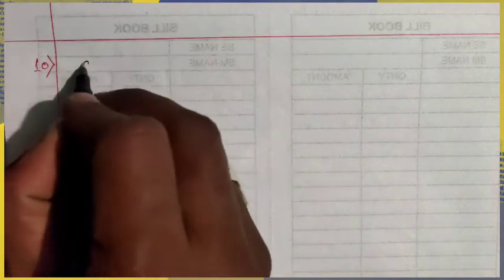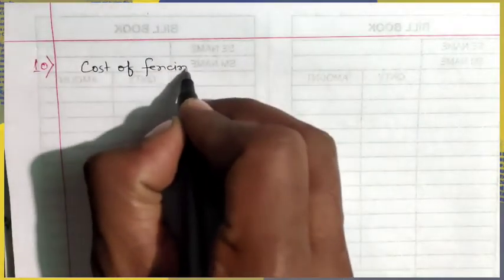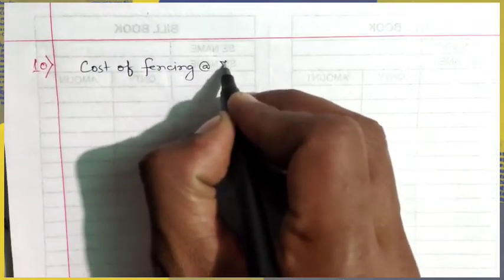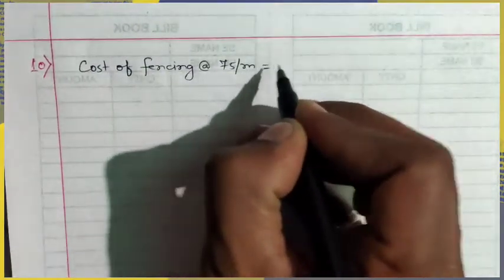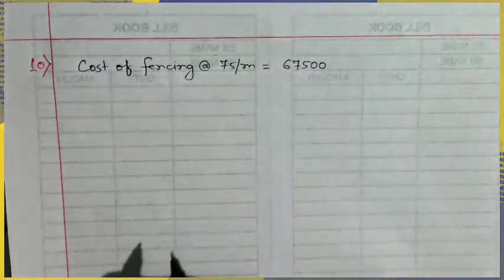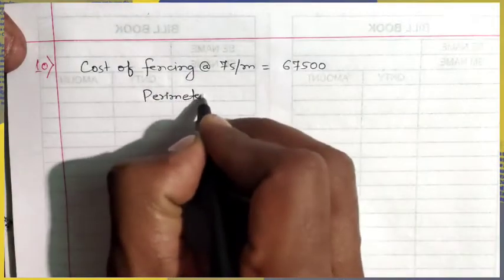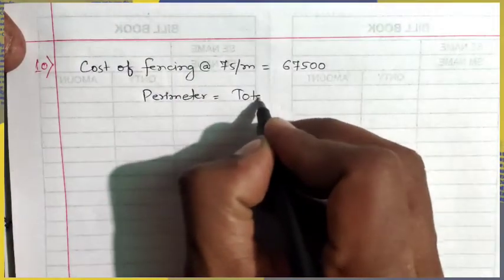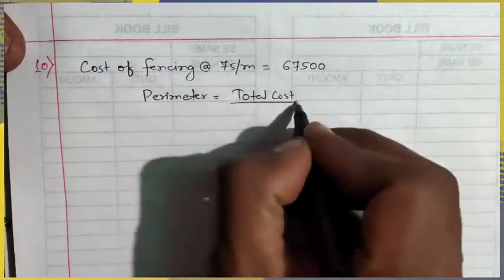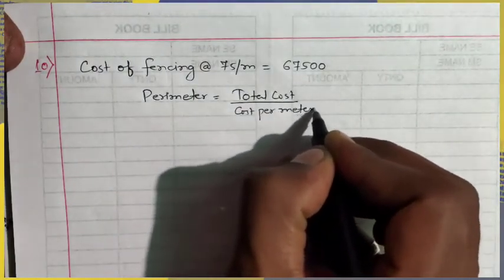So first we will write the statement. Cost of fencing at the rate of 75 per meter is equal to 67,500. By these two values we will calculate the perimeter. Perimeter is equal to total cost divided by cost per meter.